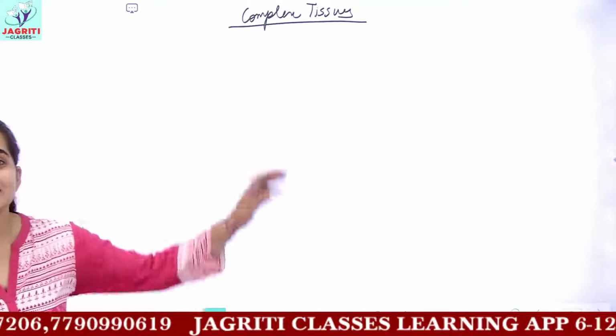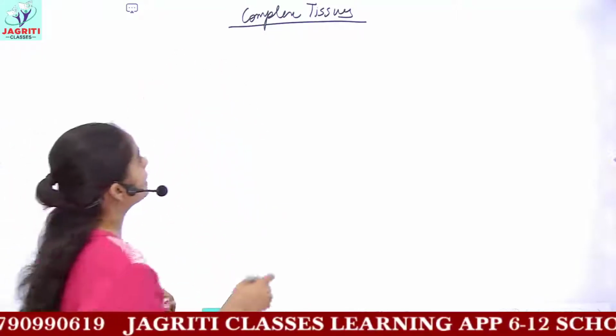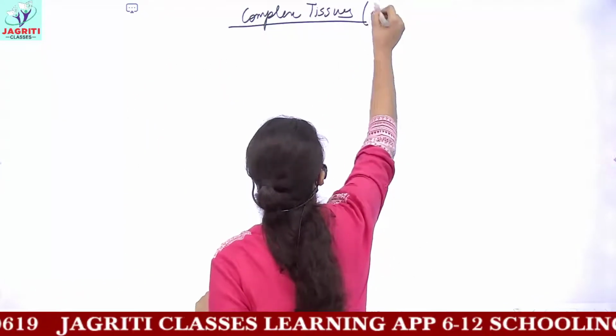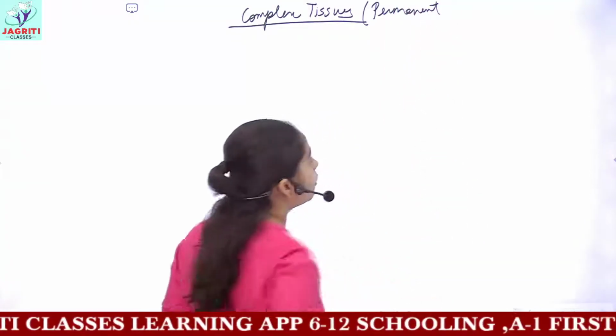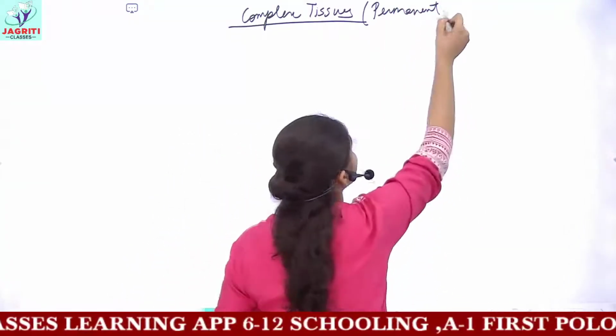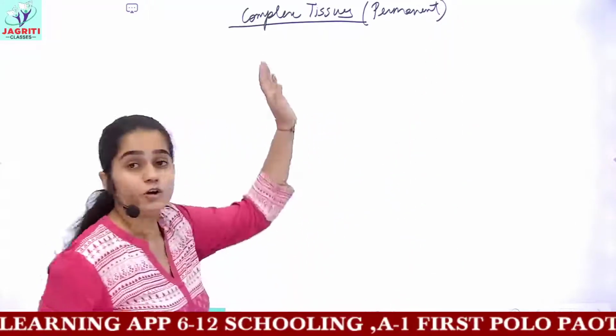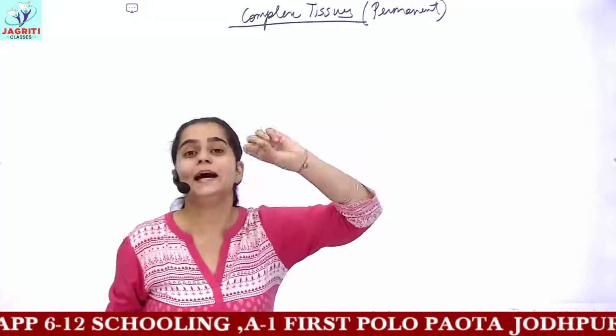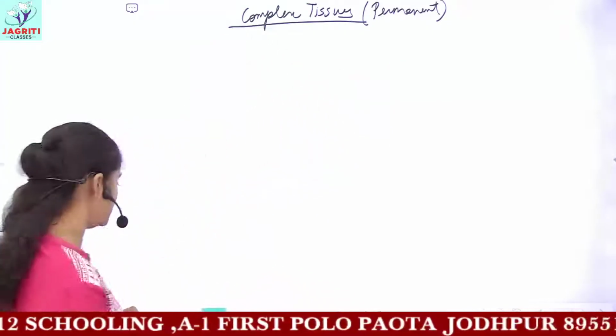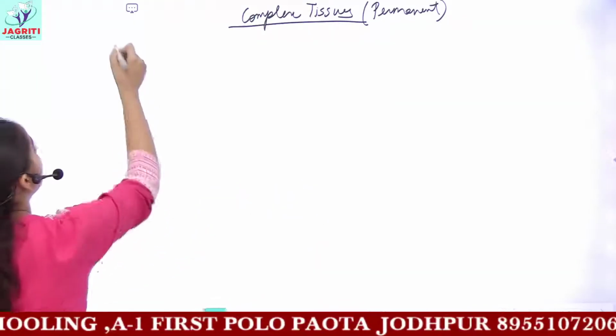And again, as the name implies, these are called complex permanent tissues. Complex tissues come in the category of permanent tissue. Complex permanent tissues have lost the ability to divide; they are mature tissues.